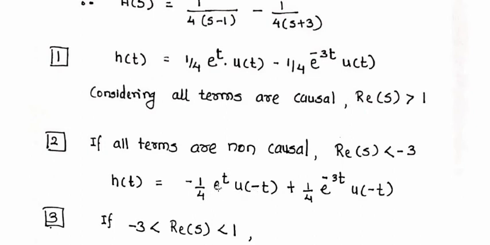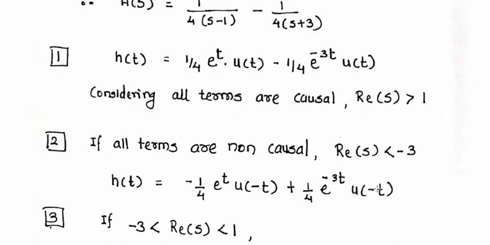So this is a left-sided sequence, and that's why you can see this minus and this minus coming into the picture, which indicates it is a left-sided signal. Similarly, I need to find the inverse Laplace of this term, which should satisfy the ROC to the left of minus 3, and that's why 1 by 4 is constant as it is, with a negative sign and u of minus t.